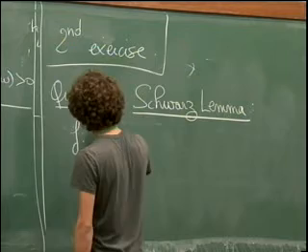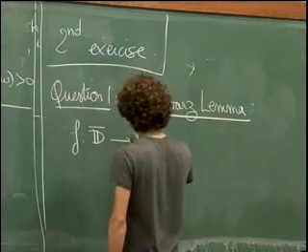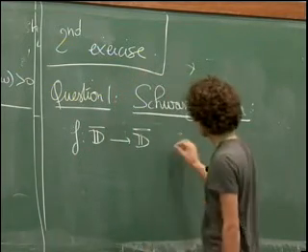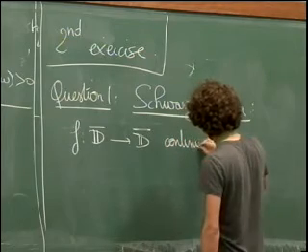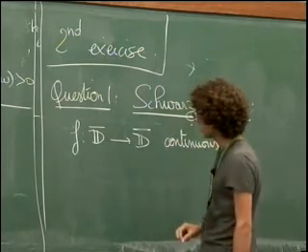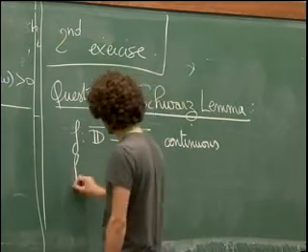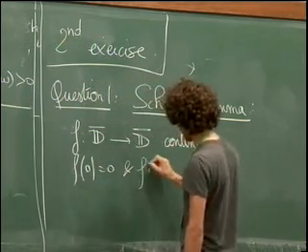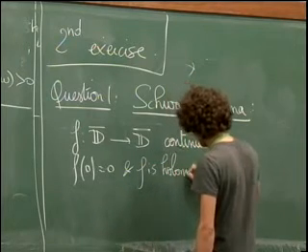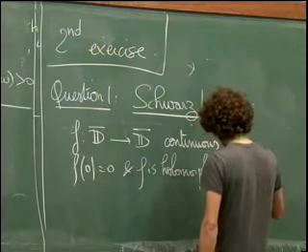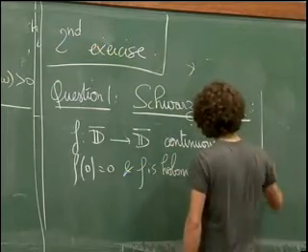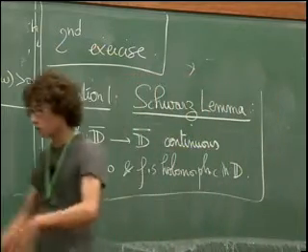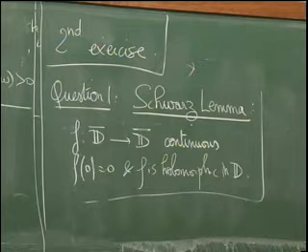So you take a function f from the closed disk to the closed disk, which is continuous. And you further assume that f of 0 equals 0, and f is holomorphic in D. So you really imagine you have your function from D to D. It's holomorphic, and you can prolong it to the boundary.